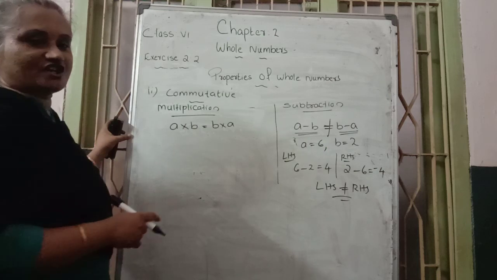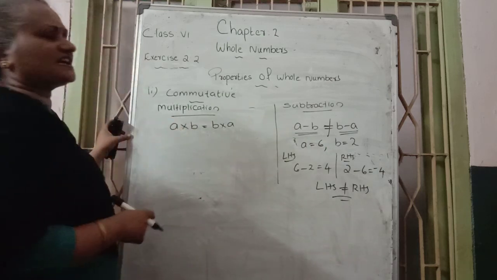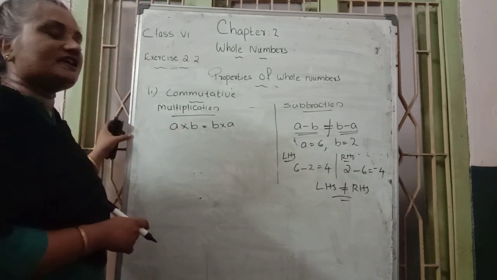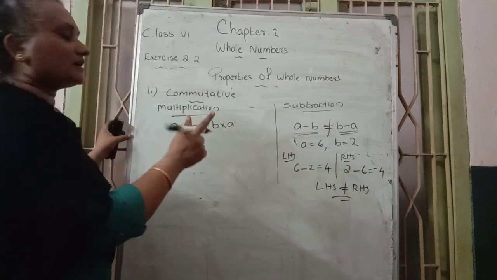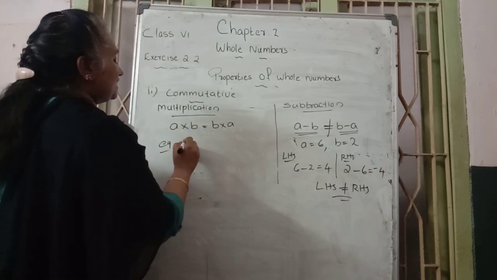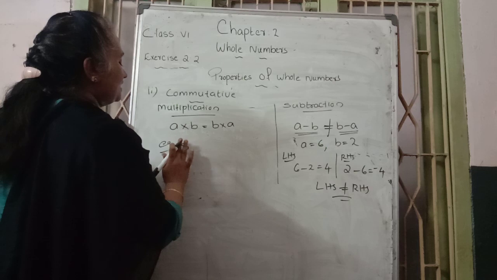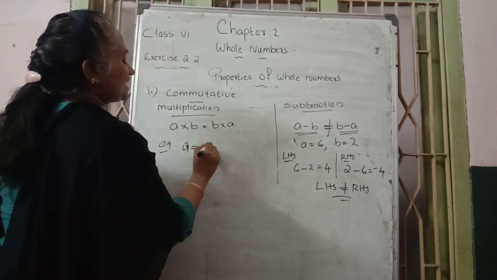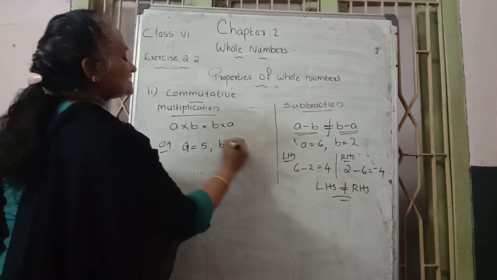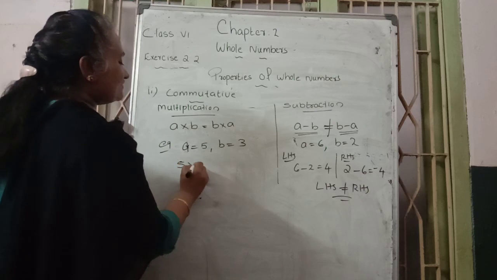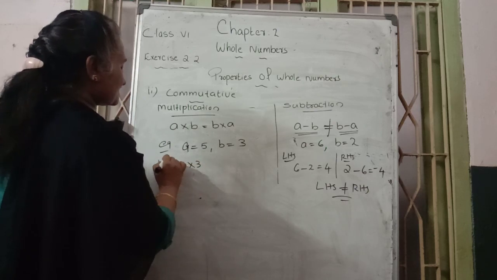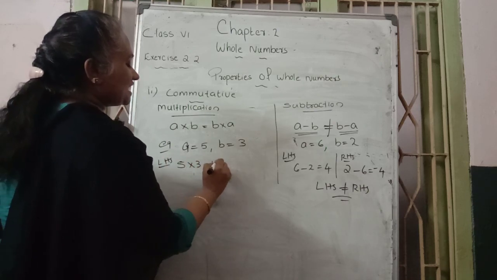Next, the multiplication case. The general form we can write as a into b equals b into a, the order changing. Example: a value consider it as 5, b value consider it as 3. So a place 5, b place 3. LHS part: 5 times 3 is 15.